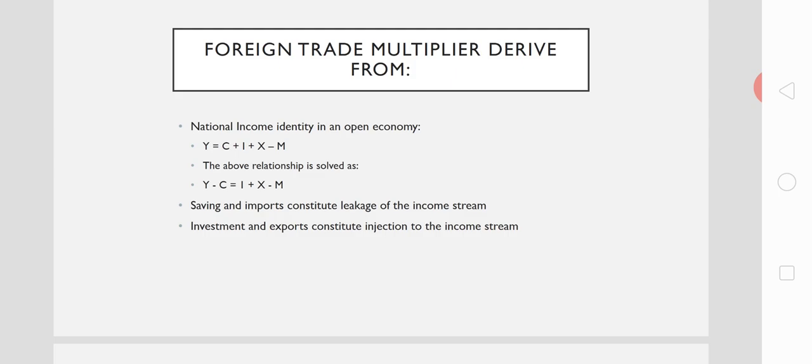That is, Y is equal to C plus I plus X minus M. C refers to consumption expenditure, I refers to investment expenditure, X stands for exports, and M stands for imports. So net trade should be added to the closed economy national income. That is the national income determination in an open economy where international trade plays an important role in income generation.